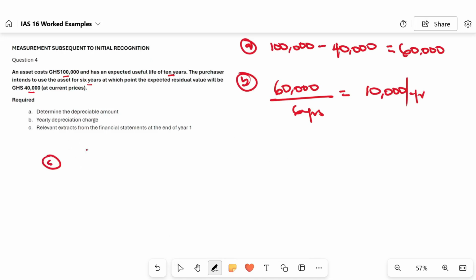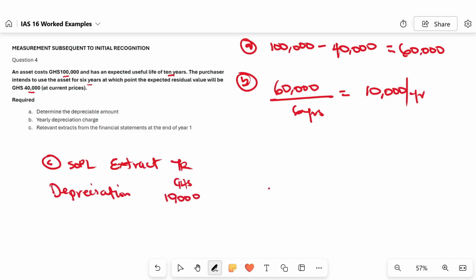C. We are to show relevant extracts from the financial statements at the end of year 1. Begin with the statement of profit or loss extract. Under expense, we will have our depreciation charge for the year, 10,000. This will be all for our statement of profit or loss extract. In our statement of financial position, our extract will look like this.